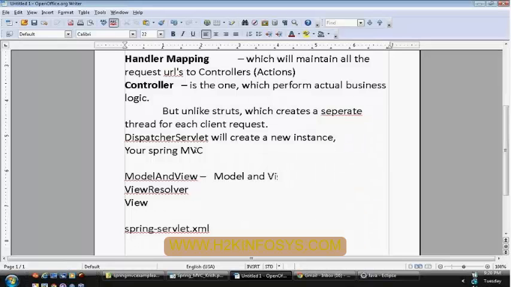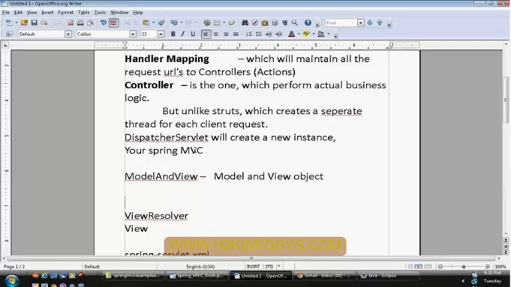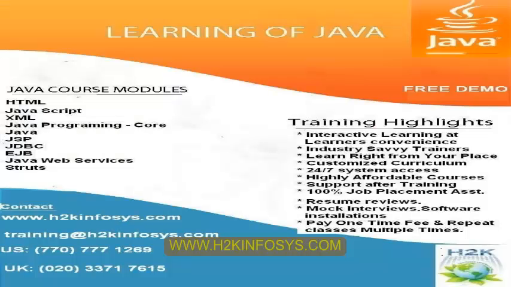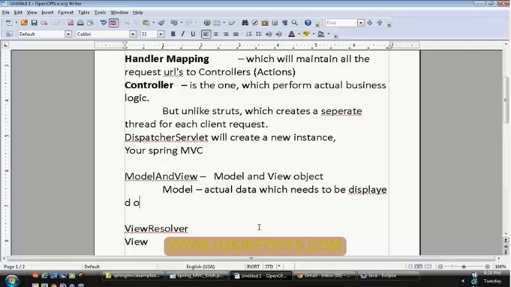Model and view object. As the name suggests, it consists of information about your model, nothing but your actual data which needs to be displayed onto view, and it also consists of information about your view.